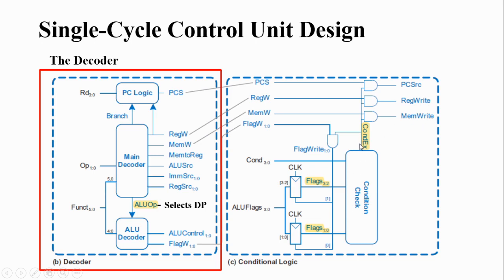So if the condition is true, the second input of these two AND gates will be set, so that whatever you are giving in the first input will come at the output. So if the condition is true, these two signals, reg write and memory write, will be connected to register write and memory write.